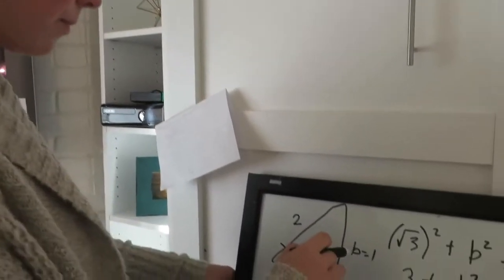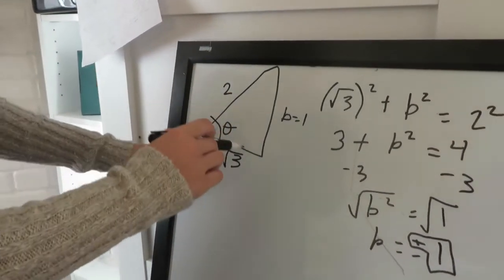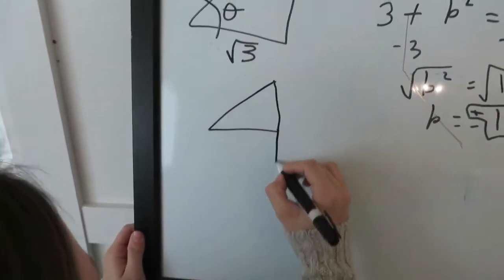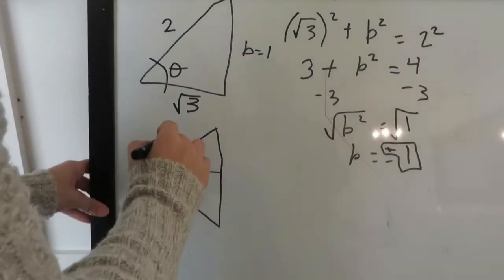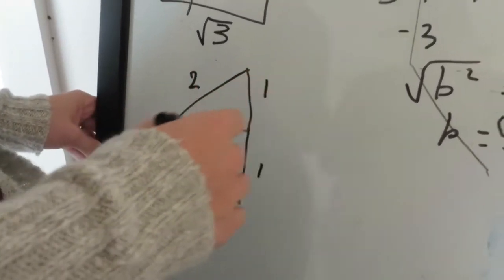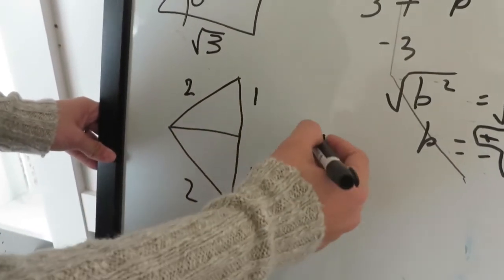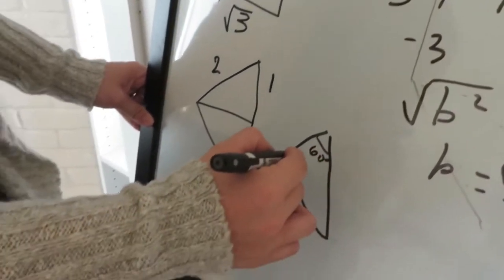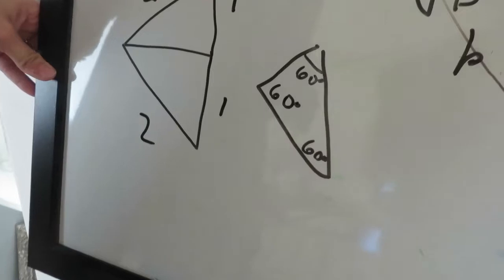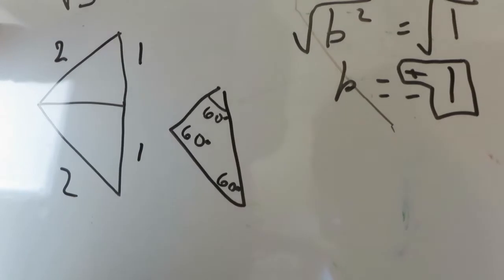Now that we know b equals 1, we have to figure out angle theta. So we know that we're going to reflect this over. Let me draw a new picture. We're going to reflect it over like this. And this is 2, this is 1, this is 2, and this is 1. So that's reflected over, and this is what the angles look like. So this is 60 degrees, 60 degrees, 60 degrees. All lengths are the same, so all angles are the same, and all triangles have to equal 180.